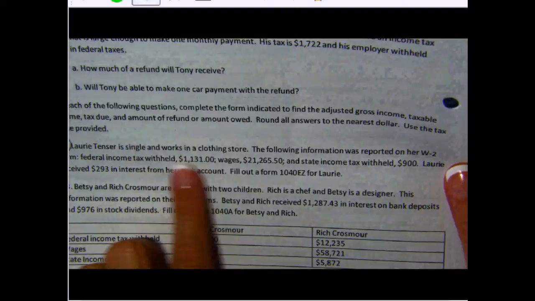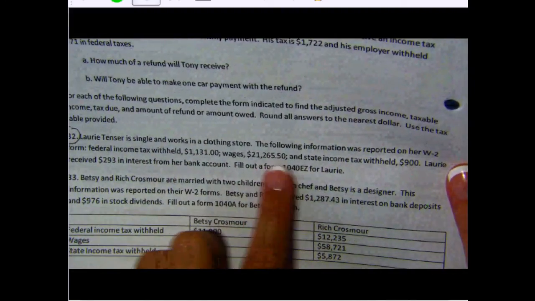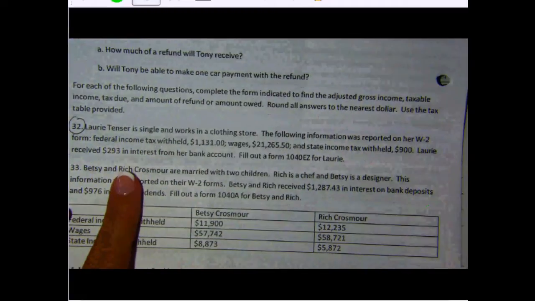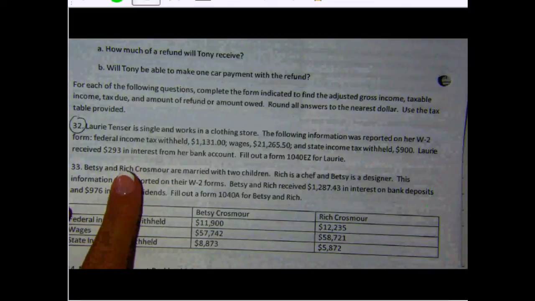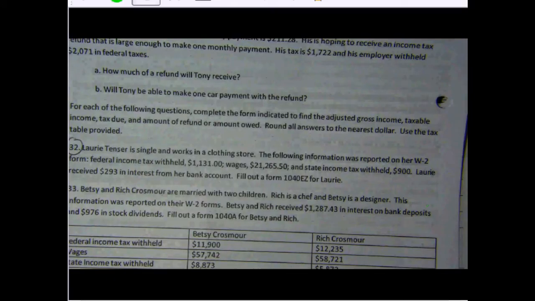Okay, the next thing we need, on her W-2, she's got federal income tax withheld, wages, state income tax withheld, and bank interest. Since we live in Florida, we don't have state income tax, so we would never have to worry about that.